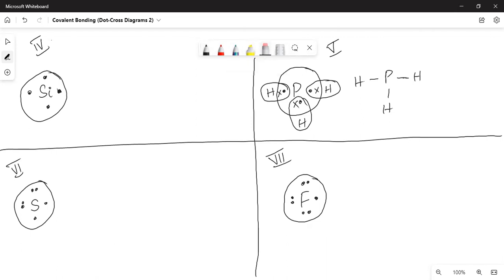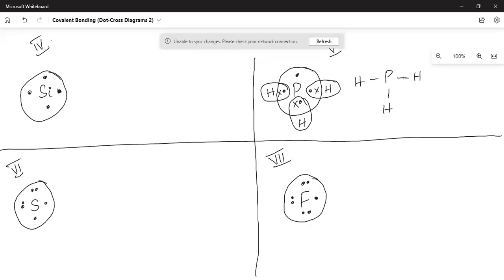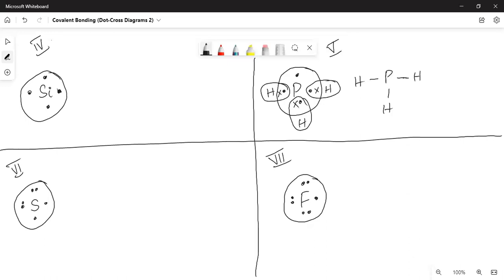What you actually did is that you drew one of them over here and one of them over here, separately. Never draw them separately. You do it like something like this. But that, let me tell you, is incorrect. You're supposed to draw the electrons in the form of pairs. Now that's actually how they exist, at least how we represent them.